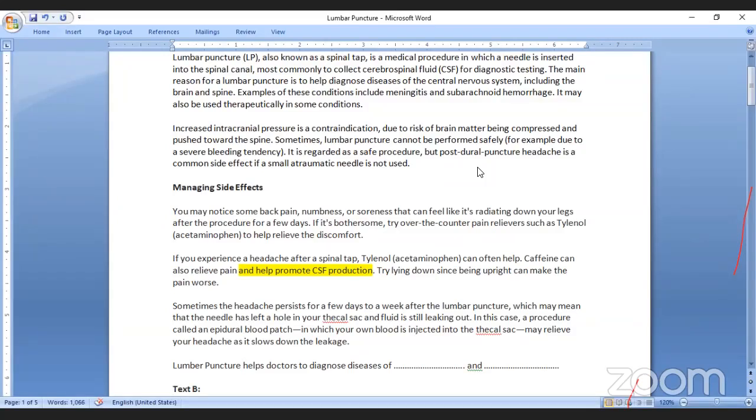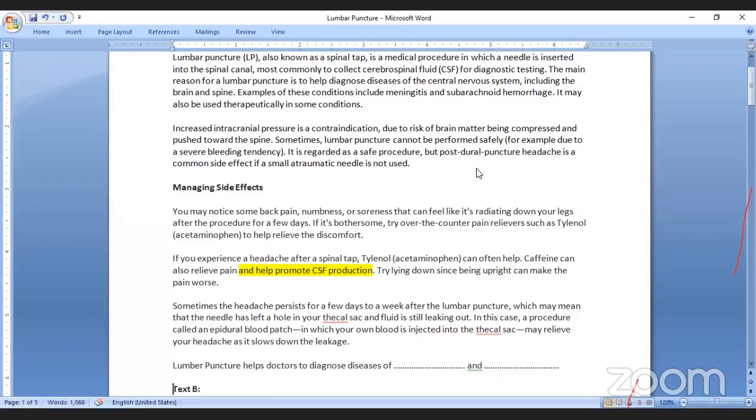What is the answer, please? Those people who are on Facebook, you can write your answers in the chat. I can see your chat. Miss Sadi Ahmed says meningitis and brain hemorrhage.